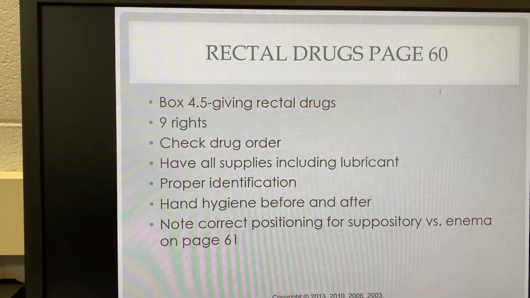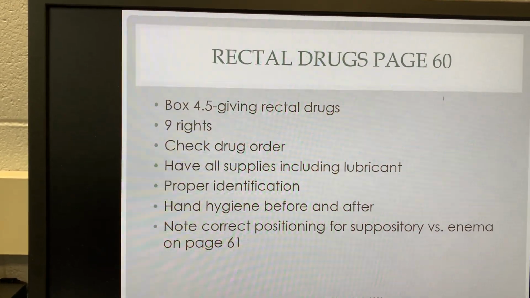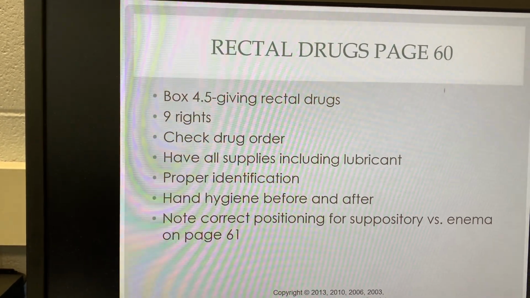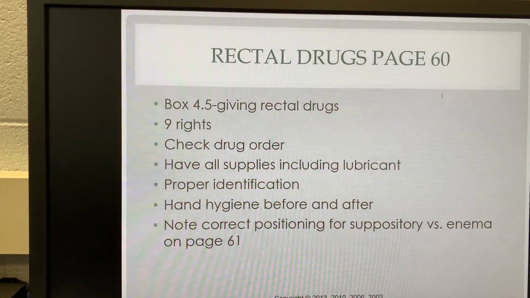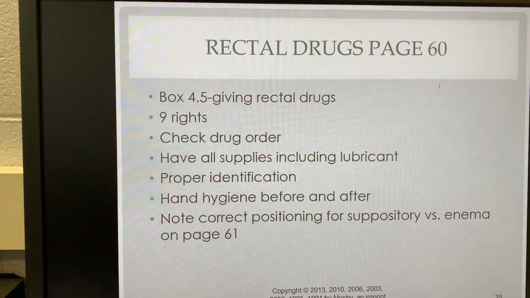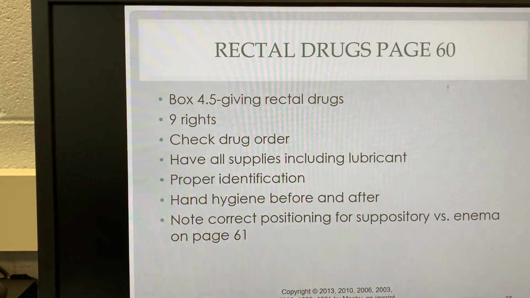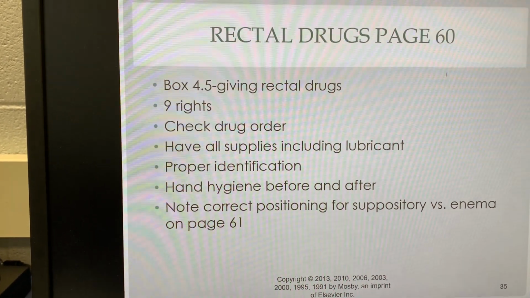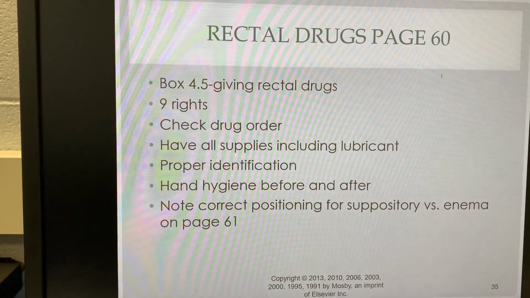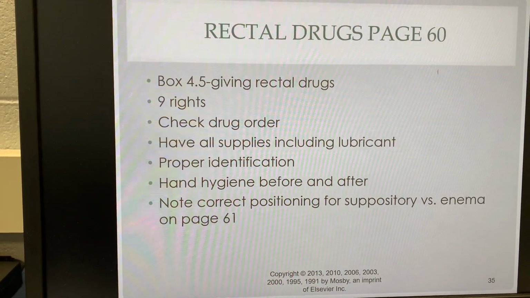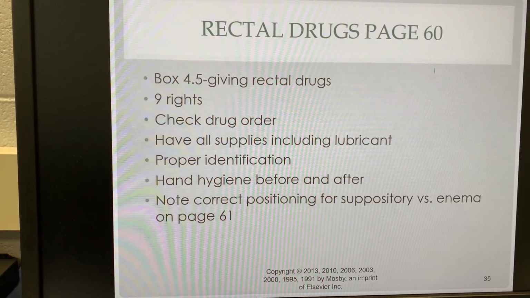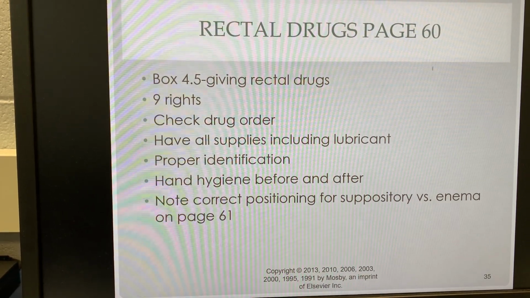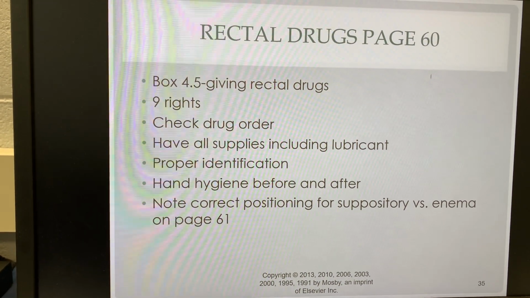giving rectal drugs, of course, you want to do the same protocol as you do all the other drugs. You want hand hygiene, you want to have all the stuff you need, you want to check the 9 rights of medication administration, which you will hear about forever. You want to check the drug order, you want to have all your supplies, especially, it says including lubricant, especially lubricant, and gloves.